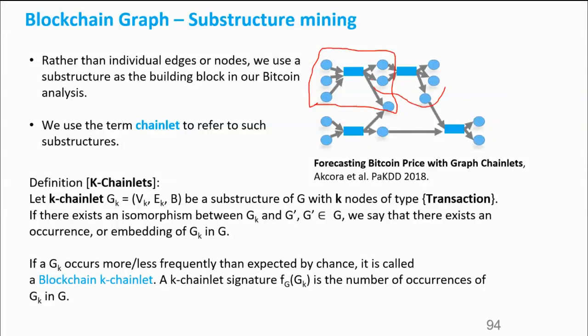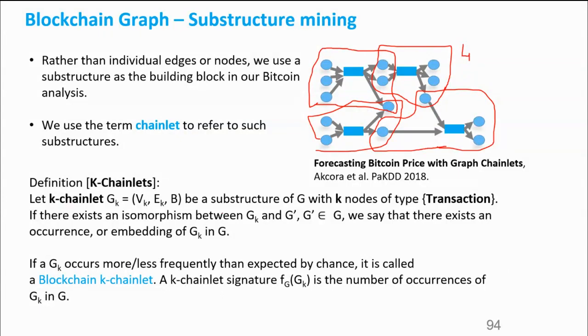Then this transaction structure is another individual decision. Then this one is another individual decision. Then this one is another individual decision. So we have actually 4 decisions here in 4 transactions. So we use something called chainlet to refer to these decisions, these substructures.